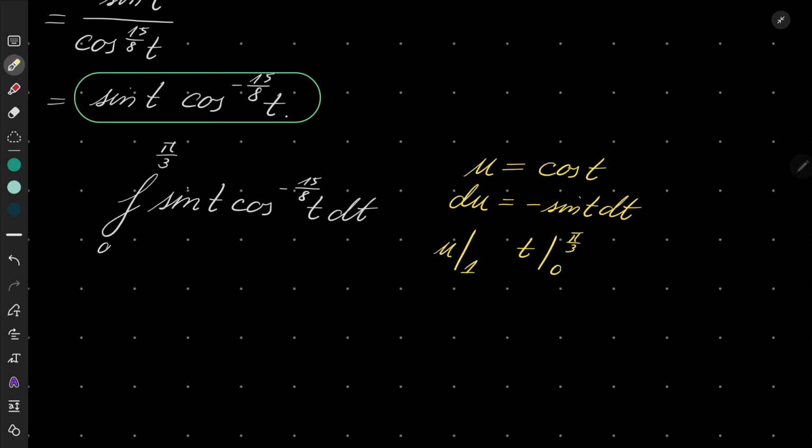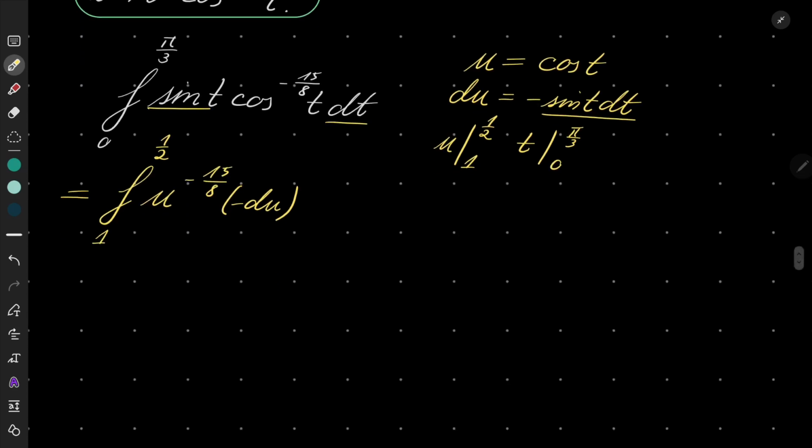If I put pi over 3, I have 1/2. So the very same integral can be expressed as integral from 1 to 1/2. Sine times dt is minus du, and I have u to the power minus 15 over 8 times minus du. I can use this minus to change the bounds of integration.